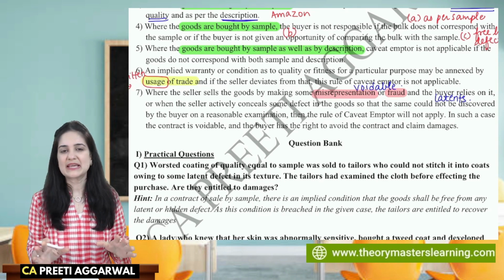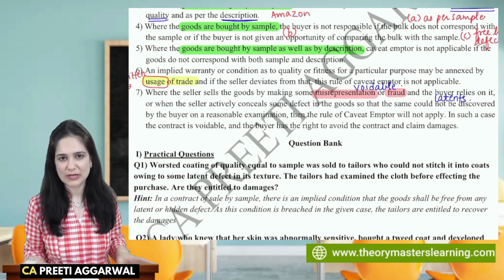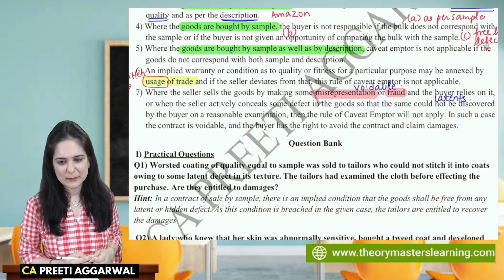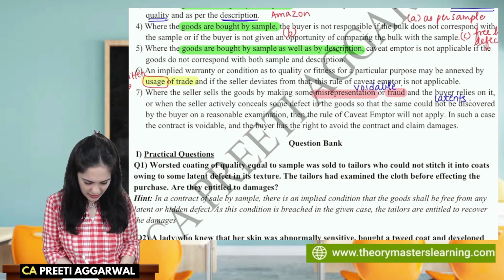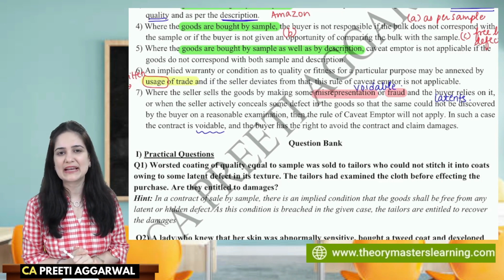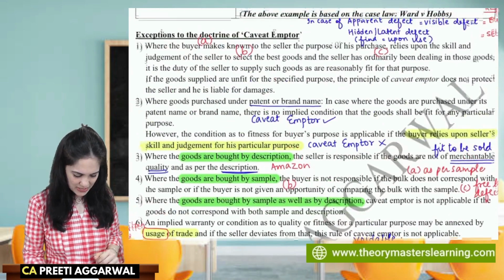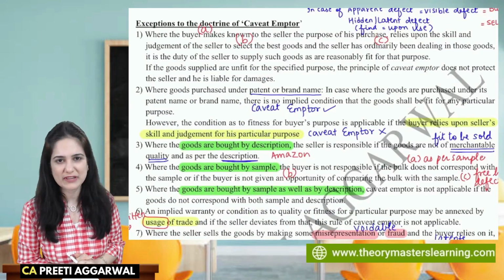Then in this case, caveat emptor, buyer beware, will not apply, and the seller will be liable. In such a case, the contract is voidable. Buyer has the right to avoid the contract and claim damages. So students, these are the exceptions to the doctrine of caveat emptor.